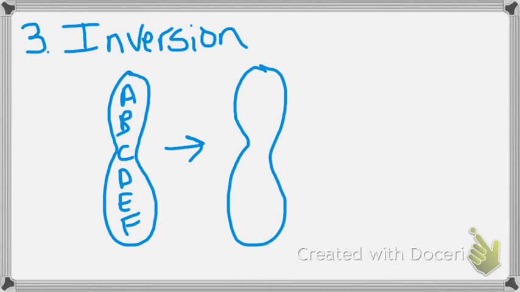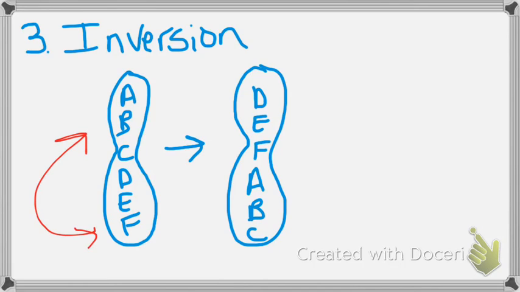So this chromosome might read instead D, E, F, A, B, C. The bottom has flipped with the top. It's just like a little flip-flop and the order gets rearranged. So that is an inversion, where we are reversing the order.